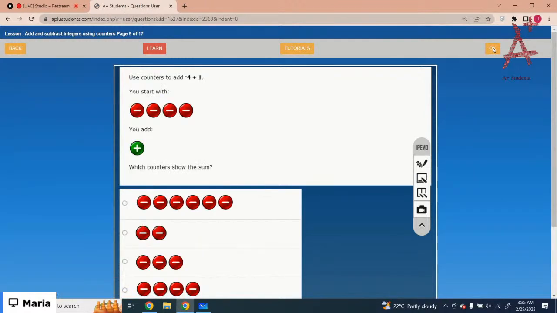Okay, the next one is -4 plus 1. So same counters cancel out each other and you are left with, yes, it is -3.